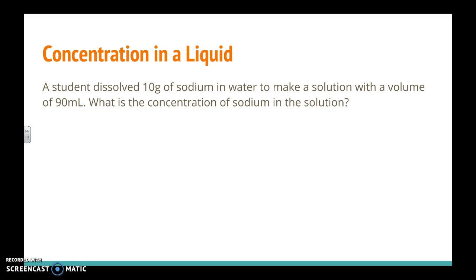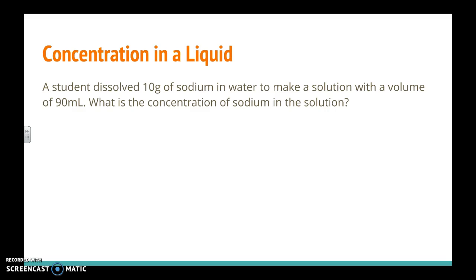A student dissolved 10 grams of sodium in water to make a solution with a volume of 90 milliliters. What is the concentration of sodium in the solution? So we have mass divided by volume. We know that 10 grams is a mass. That's how much sodium we put in our water. And the total volume was 90 milliliters. So 10 grams per 90 milliliters would be the concentration.